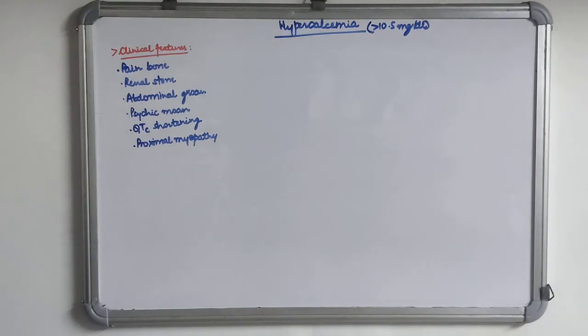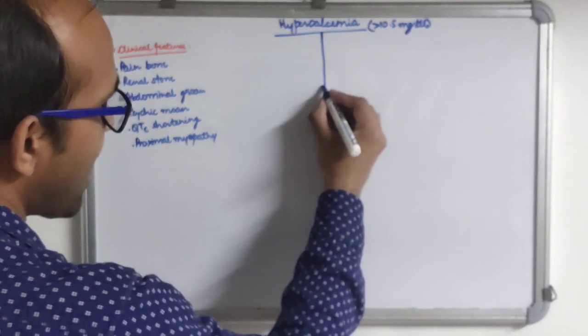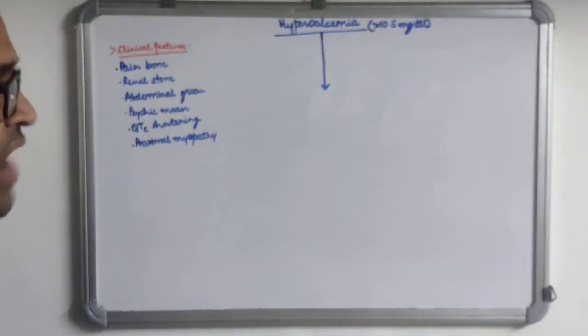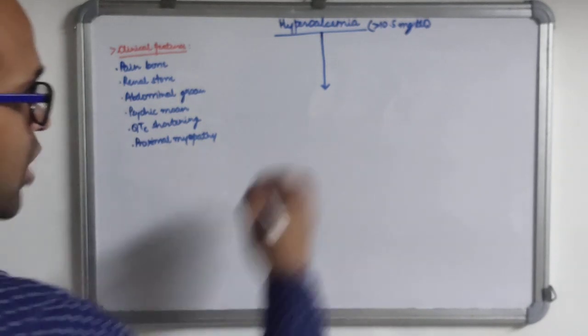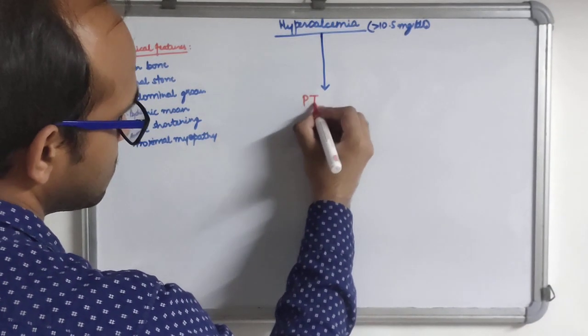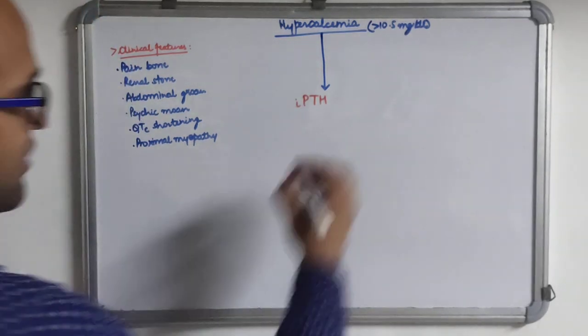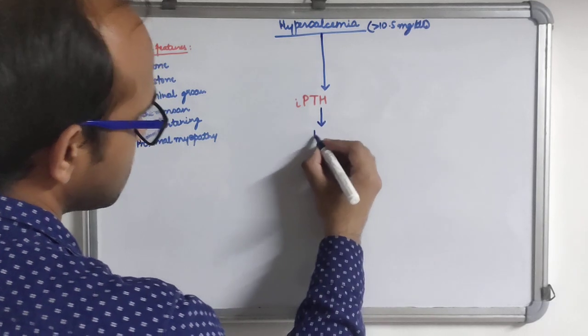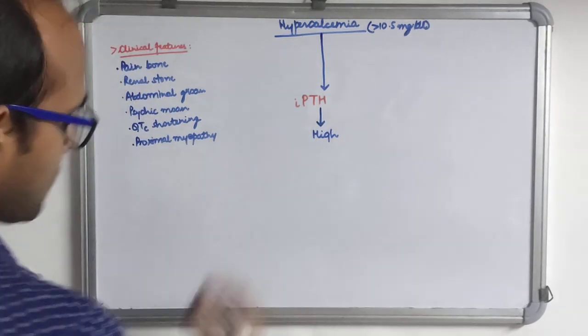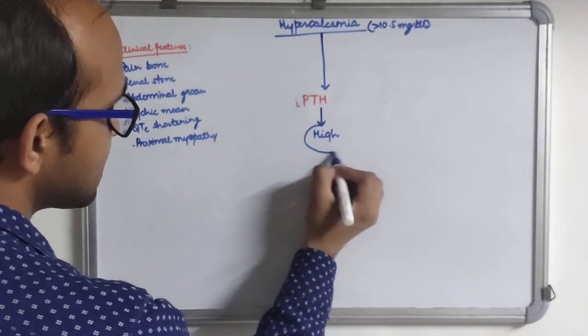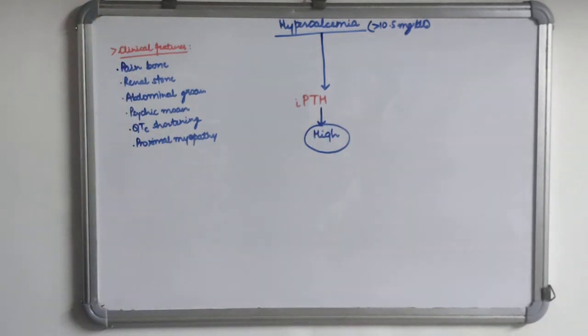Now let's talk about how to approach a case of hypercalcemia. So parathormone is the main player in calcium homeostasis. So the first thing you have to assess in a case of hypercalcemia is the parathormone level. If the parathormone level is high, what will you think of?